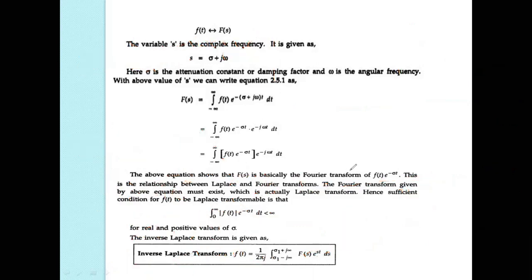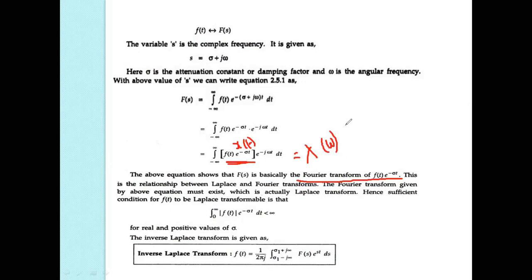The above equation shows f of s is basically the Fourier transform of f of t e power minus sigma t. So if assuming one signal x of t, the integral of x of t e power minus j omega t dt is nothing but x of omega.